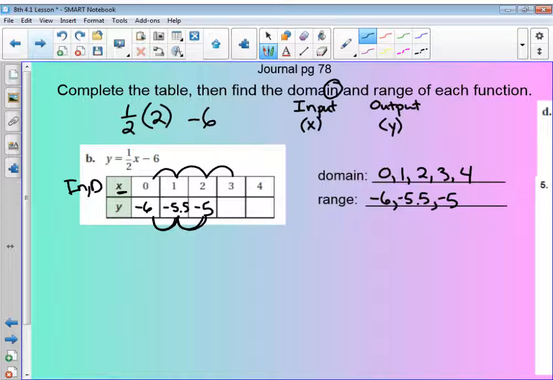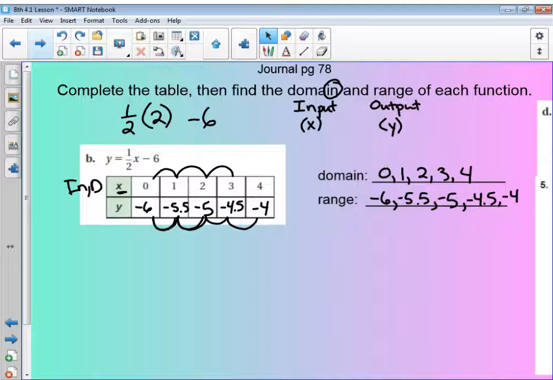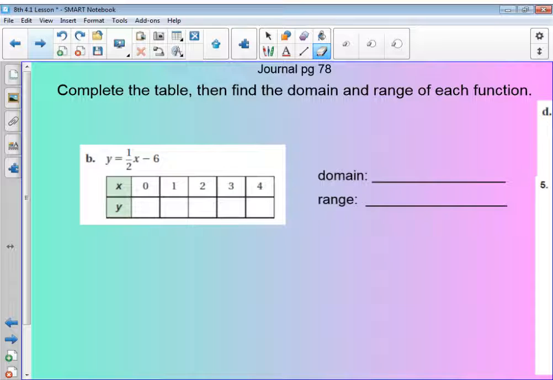So if I continue the pattern, this would be negative 4.5. And then it would be negative 4. Or I could continue to substitute in and solve the equation. But some of you are going to start to see that pattern. Okay, so there's my domains and my ranges for my first table. Okay, so that was table B. I apologize that I had letter B written out there.